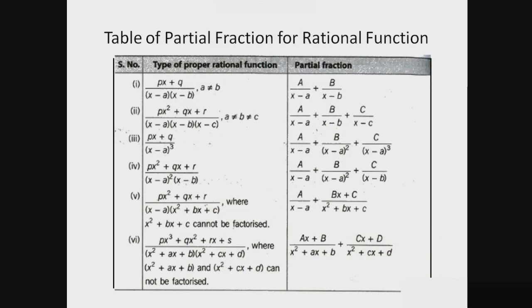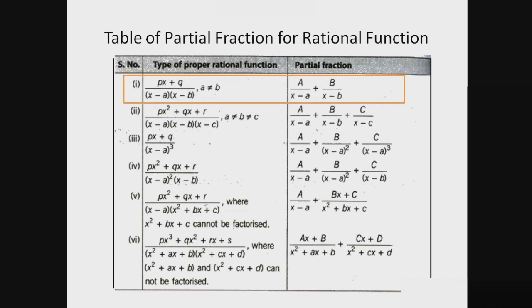Here is the table of partial fractions for rational functions. As you can see, as listed in the table, there are several types of proper rational functions that can be converted into partial fractions. Let's look at this first one first. We have the polynomial px plus q over x minus a, x minus b, which is a linear product.